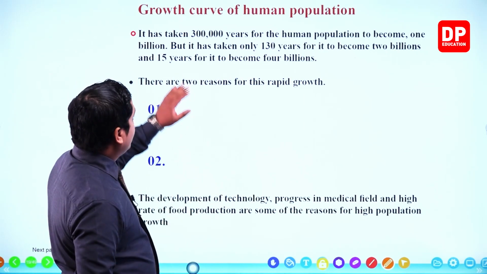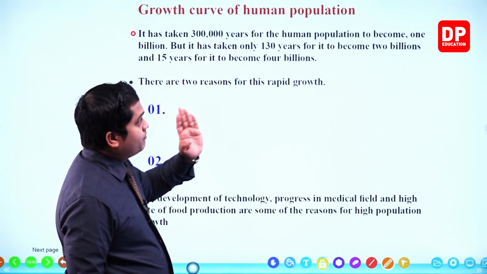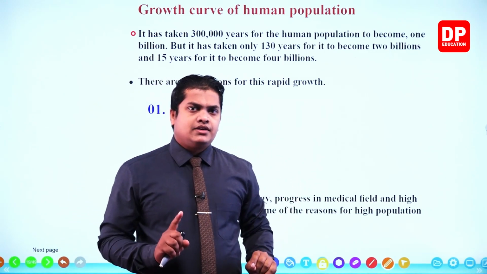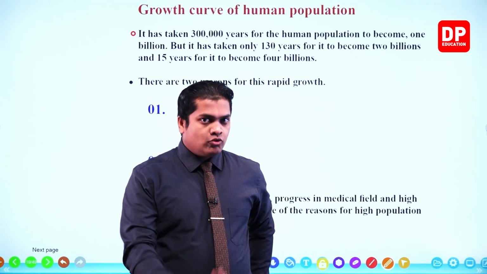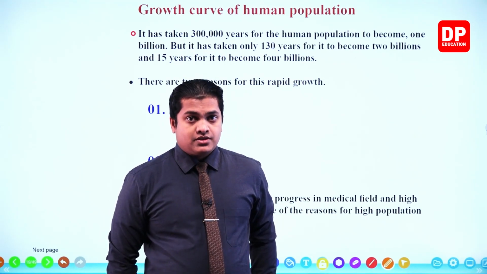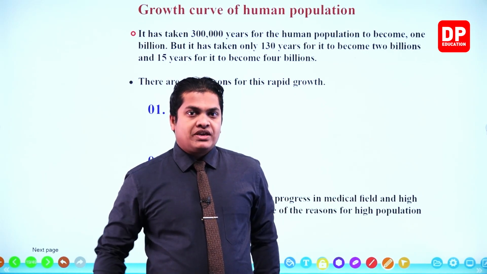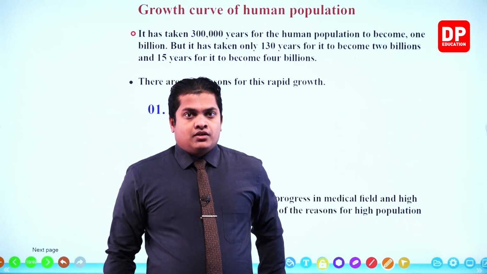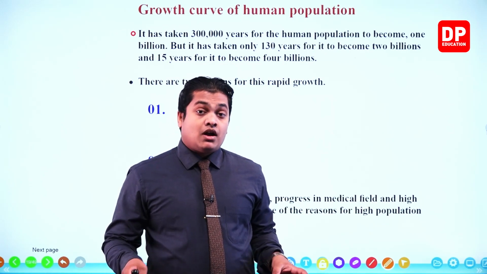To become 1 billion, the human population took 300,000 years. That is a very much longer time to become 1 billion.